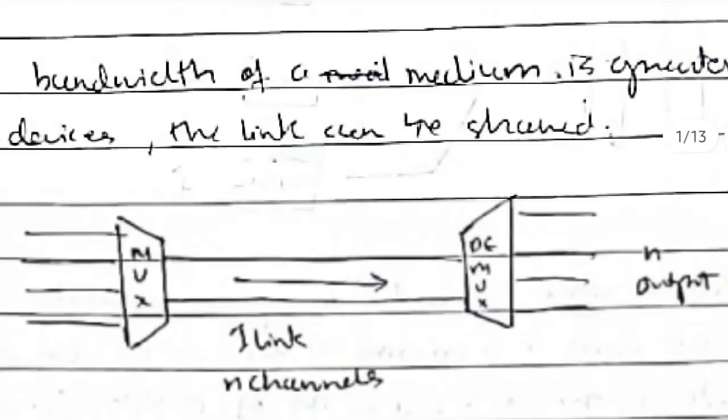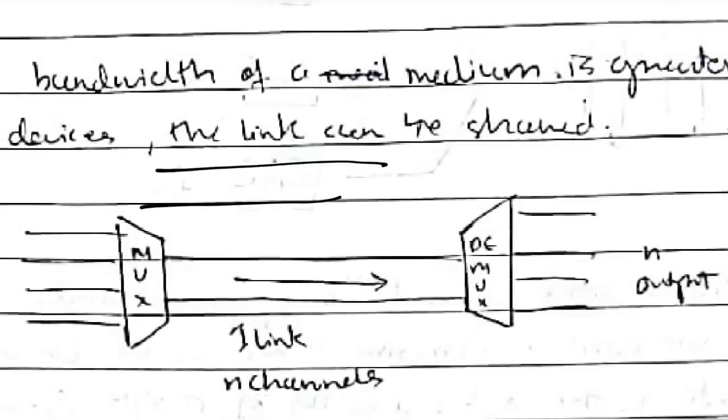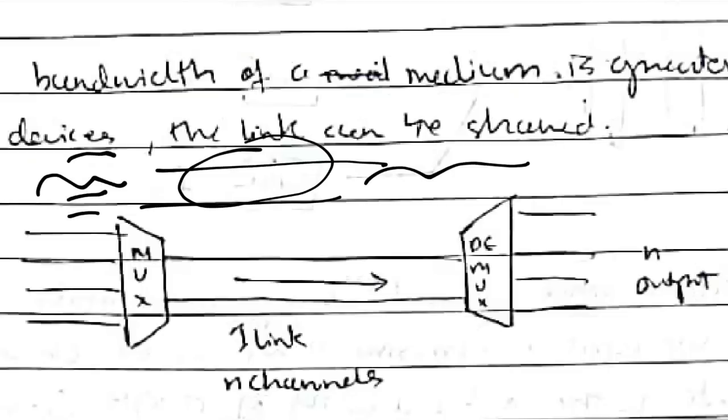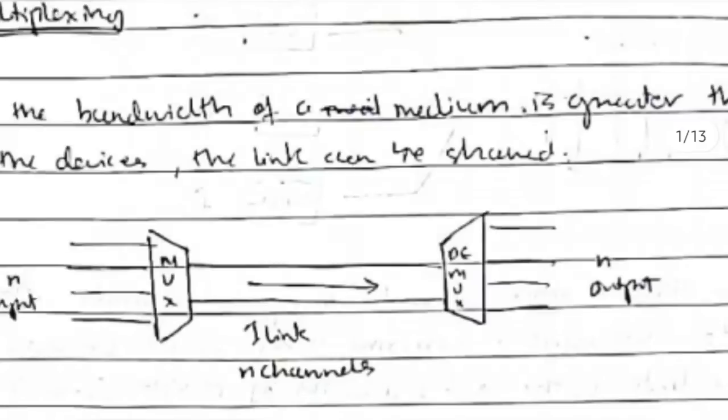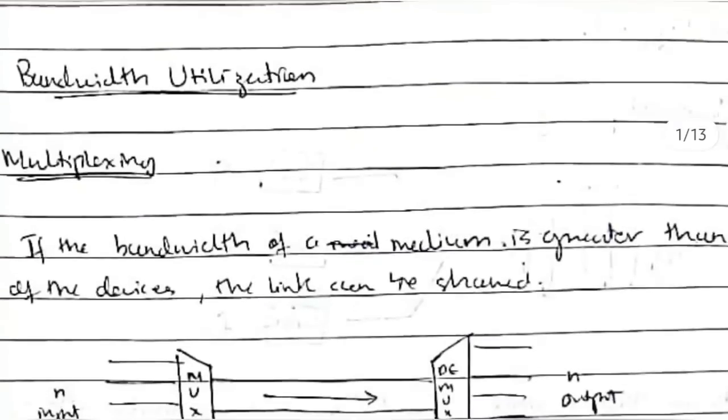If you are just sending one car in the one bandwidth, like the normal analog signals, it will not be utilized to the maximum extent, because many cars can be sent at the same time. Utilizing the maximum bandwidth is called bandwidth utilization.